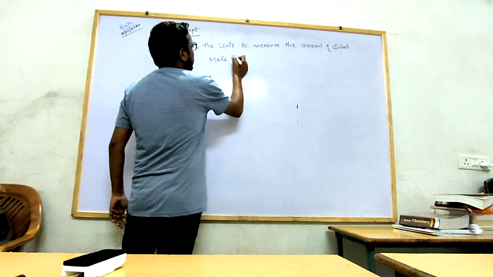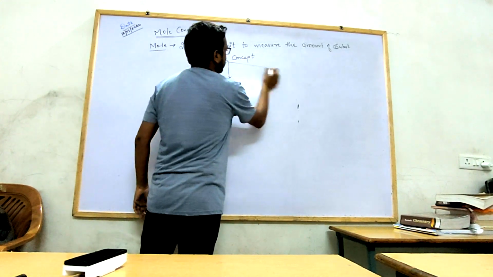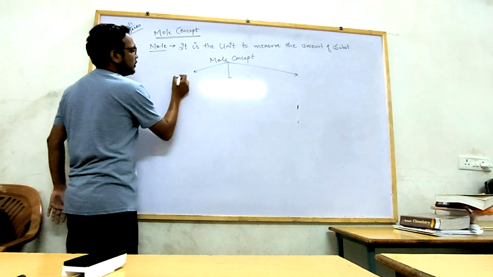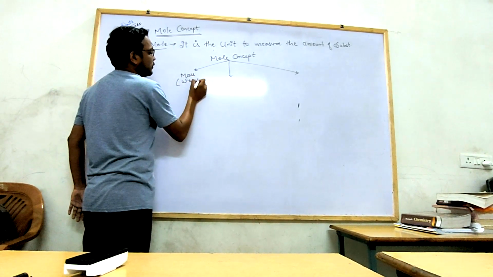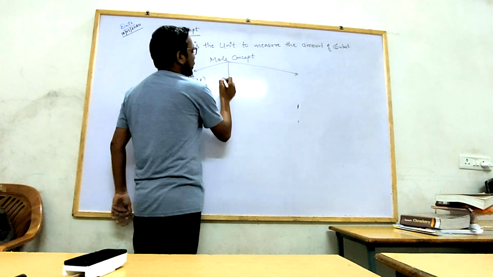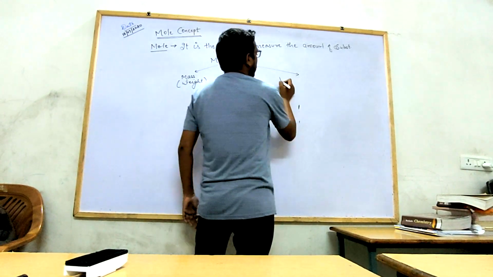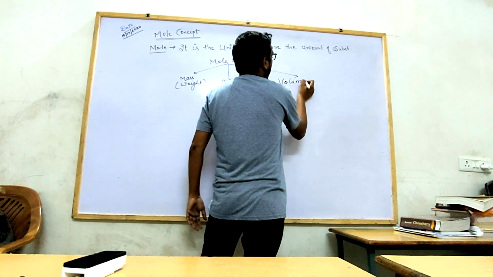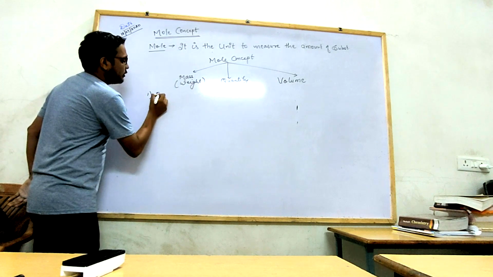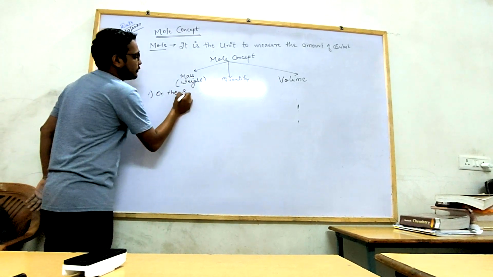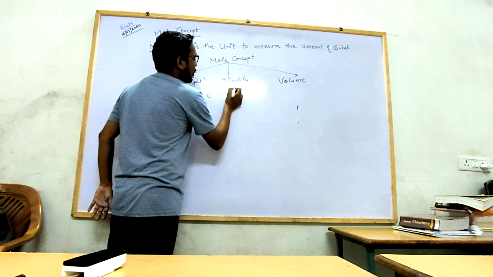Basically, mole concept is divided into three parts. First, on the basis of mass or weight. Second, on the basis of quantity. And third, on the basis of volume. First, we will discuss on the basis of mass or weight.